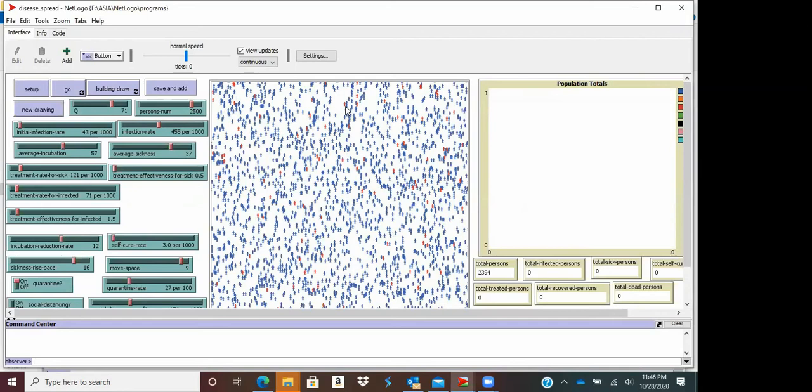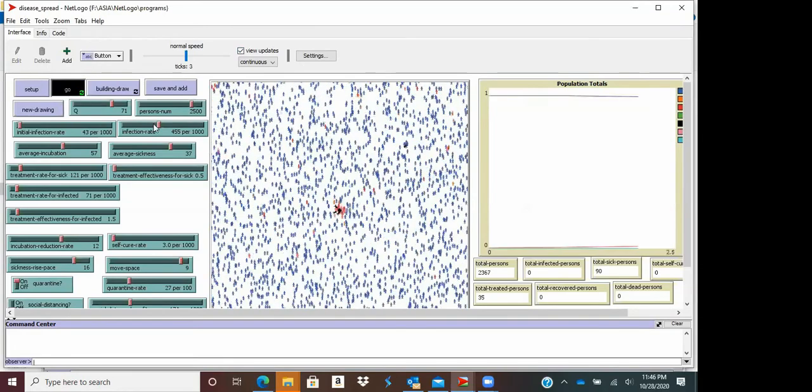One person after another is affected, and they can spread the disease to some other people, and that's why you can see it in a simulation. You can see that some people died, they become black. Some people recovered, they become green. Let's first run this.